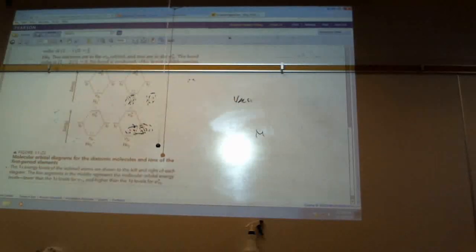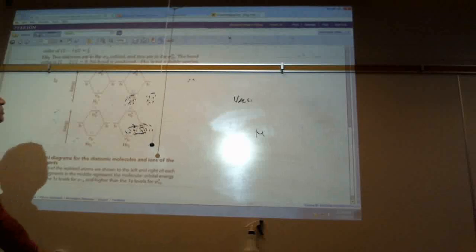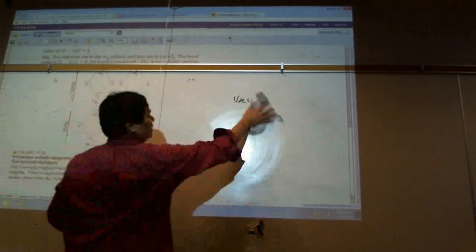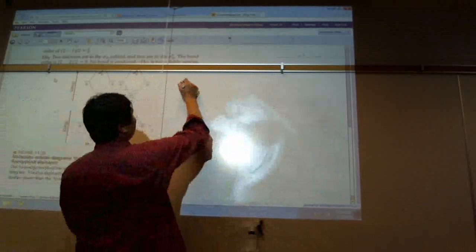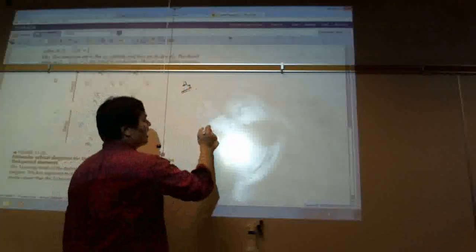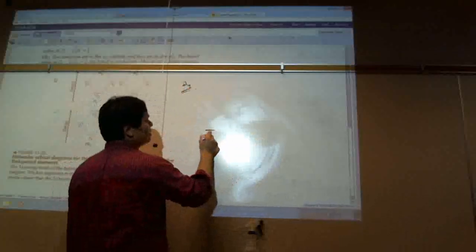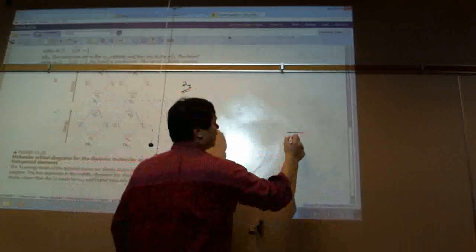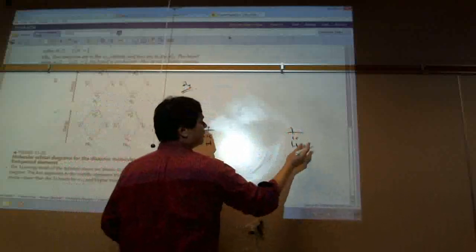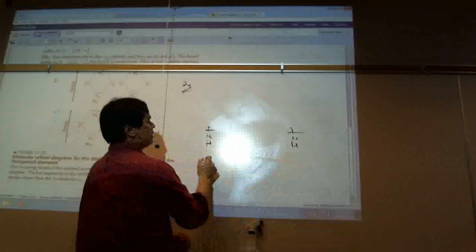So let's start doing this for molecules here. Let's look at hydrogen, for example. If we look at hydrogen, we take a hydrogen 1s orbital here with one electron, and a hydrogen 1s orbital here with one electron. We bring these two 1s orbitals together.